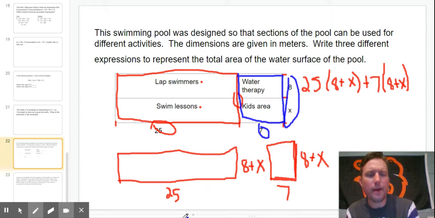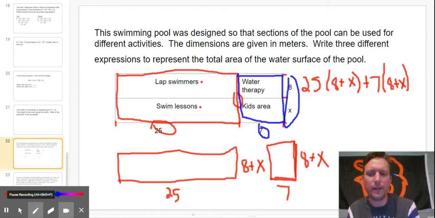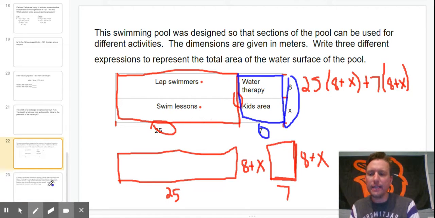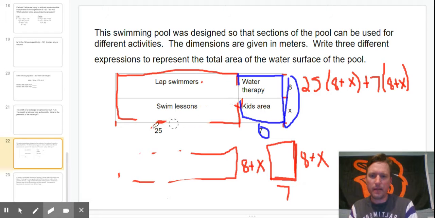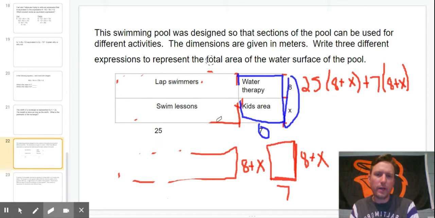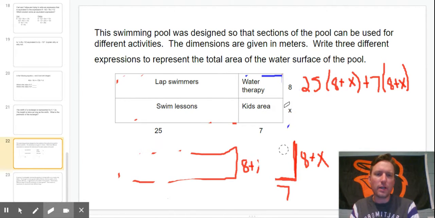Now, can you think about another way that you could write an expression for this? That's right. What you could do is take each section separately. There would be 4 sections here. You could break out each section and write an expression that would be equivalent. Probably not the most efficient way to do this.